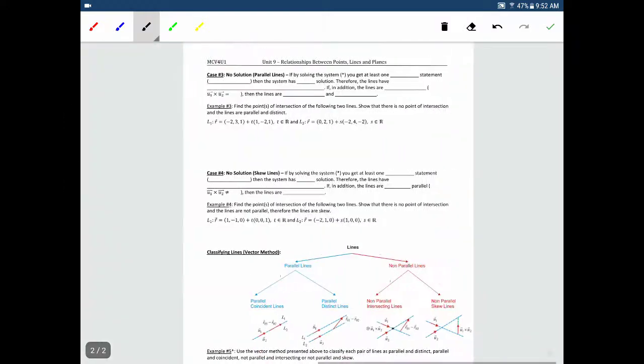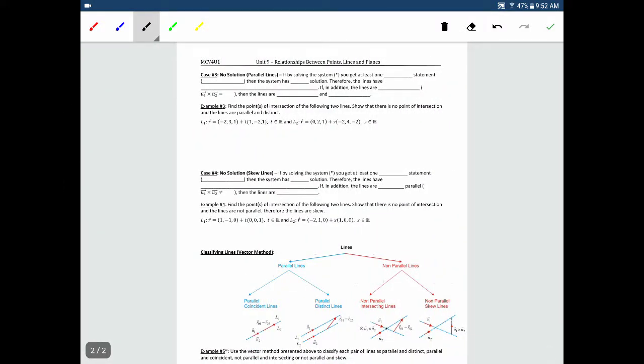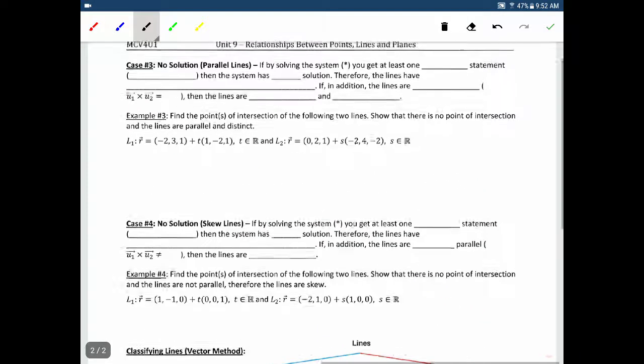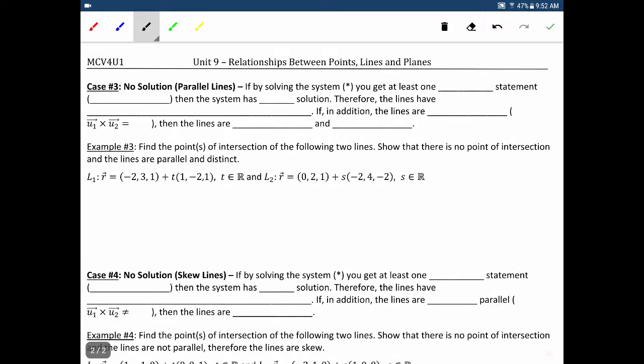So let's jump over to the next one. Okay, so our next one, our third case here, is that there are no solutions and they are parallel lines. Okay? So, sorry, I'm just looking for my answer sheet here. Nope, I can't find it.